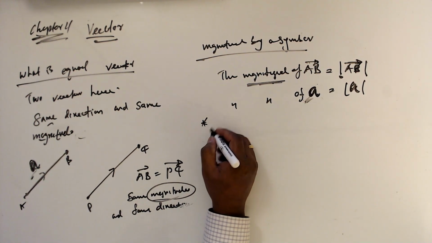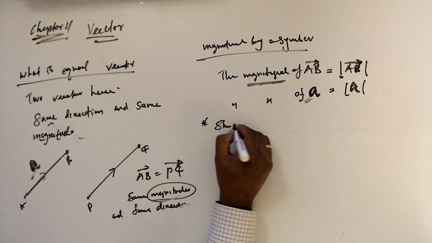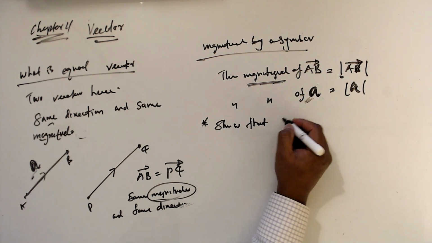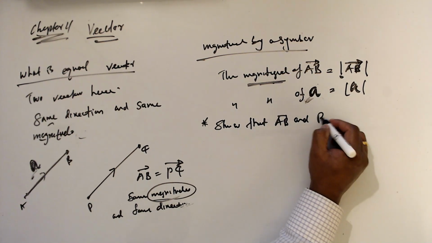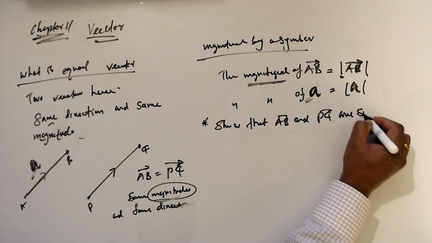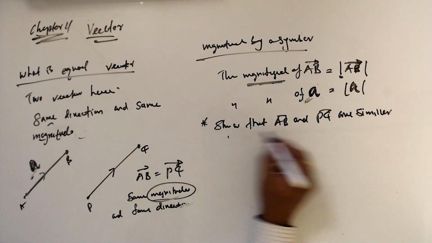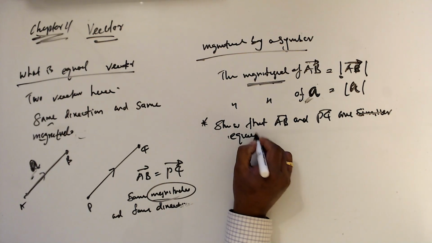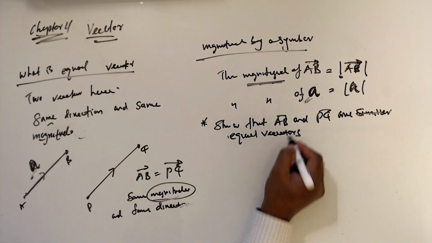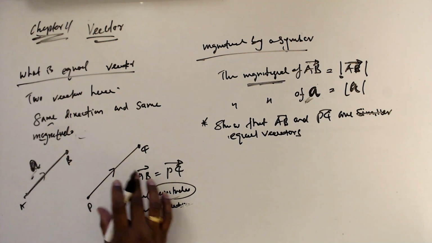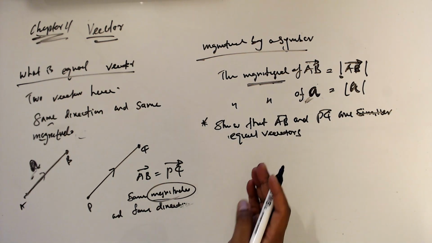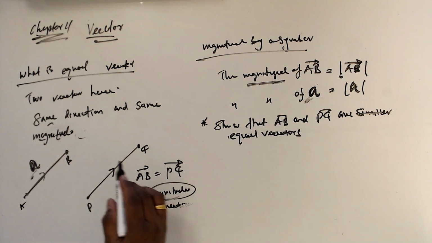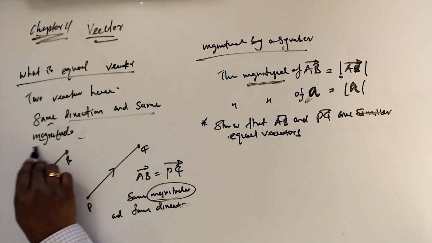If I ask the question differently, show that AB and PQ are similar or equal vectors. AB and PQ are equal vectors. How do you show this one? To become equal, what are the requirements? Magnitude and the direction, same direction and same magnitude.